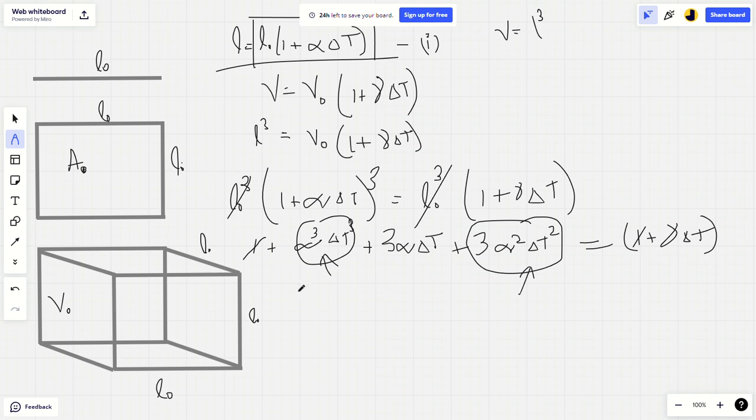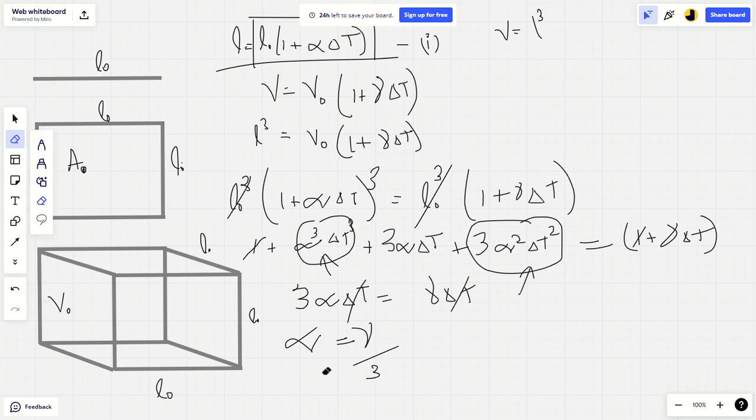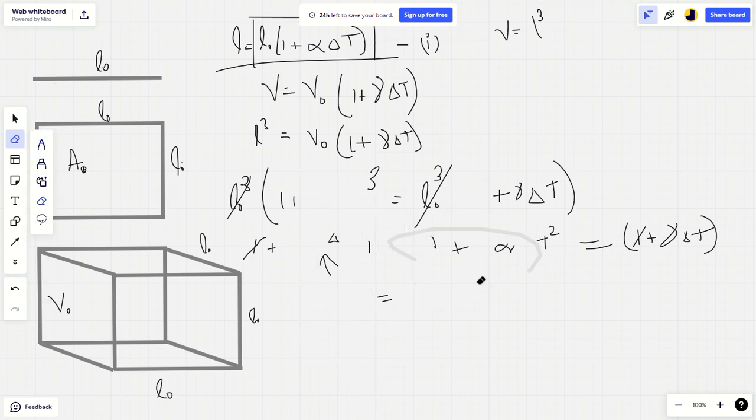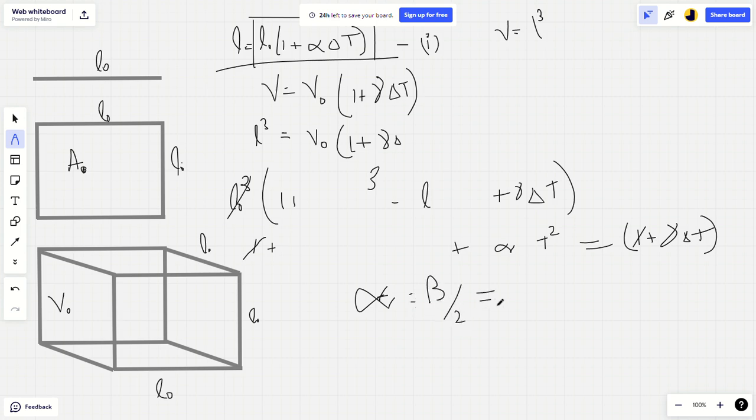So we're going to write 3 alpha delta t equals gamma delta t. Delta t will get cancelled out, thus alpha equals gamma by 3. And from this, finally, we can write that alpha equals beta by 2 equals gamma by 3. Proved!